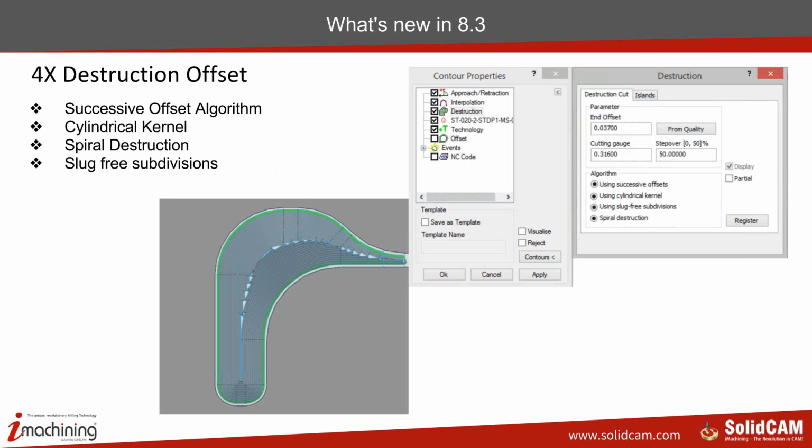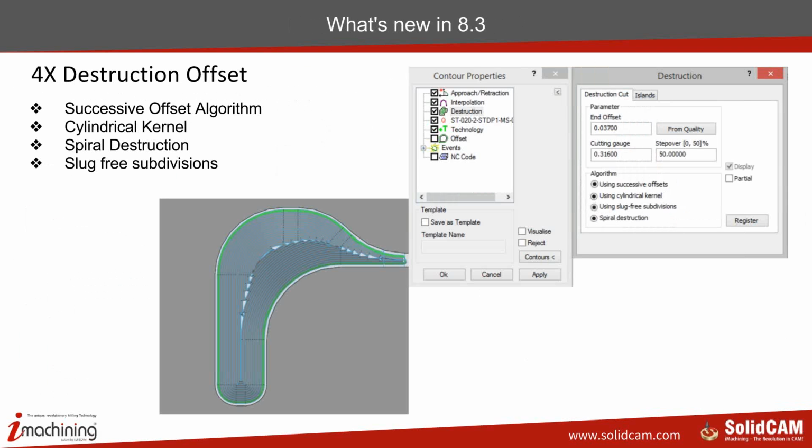There are 4 algorithms that can be defined inside the 4-axis destruction offset, and I will start showing you one by one and show you the differences when and how to use those algorithms.